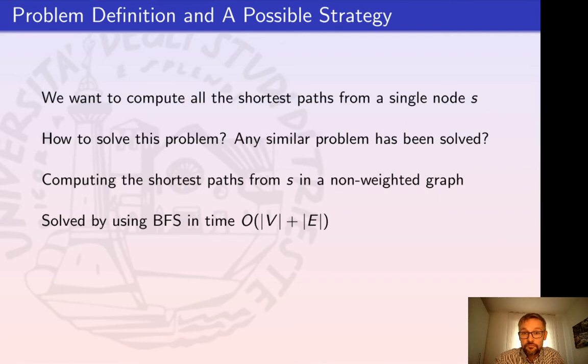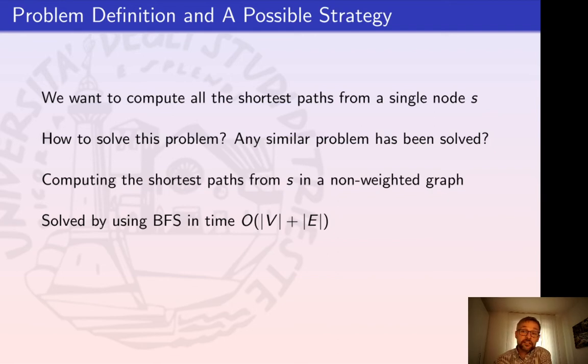The idea was to use BFS, breadth first search, to label in some sense each node with its distance from the source. Moreover, BFS also returns a tree, which is the tree of the shortest paths from the source. So the single source shortest path on unweighted graphs has been resolved by BFS.